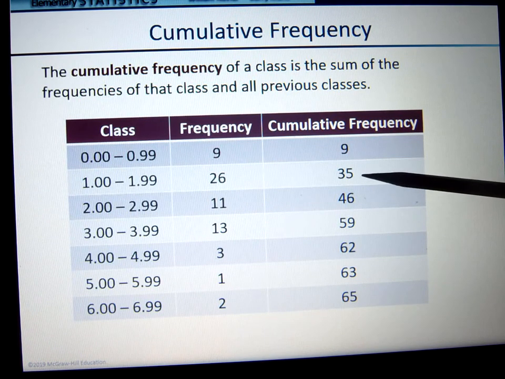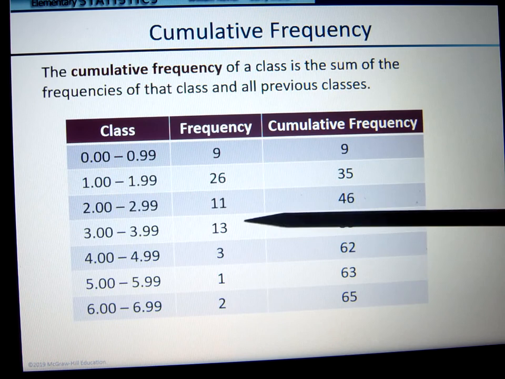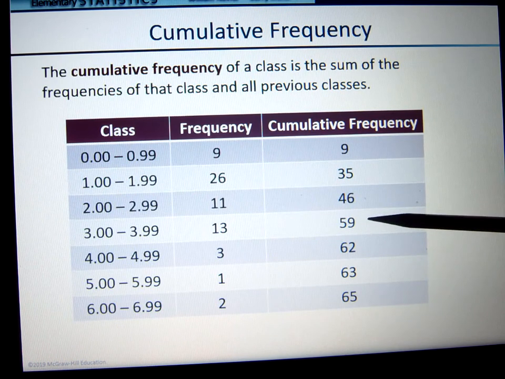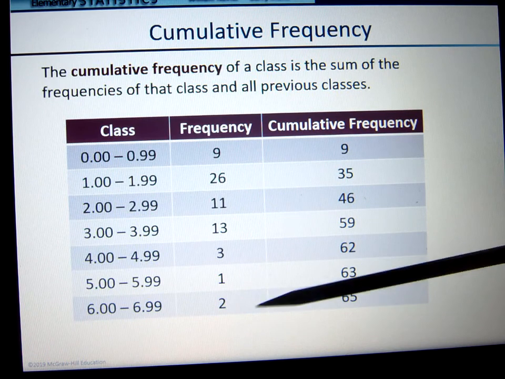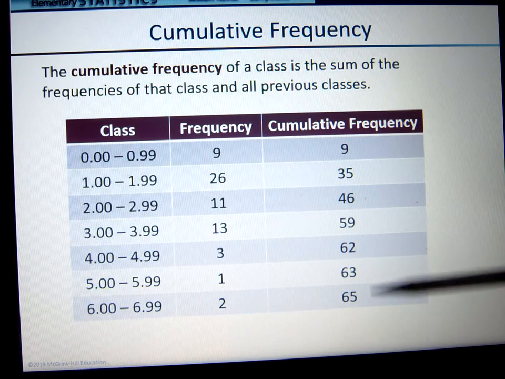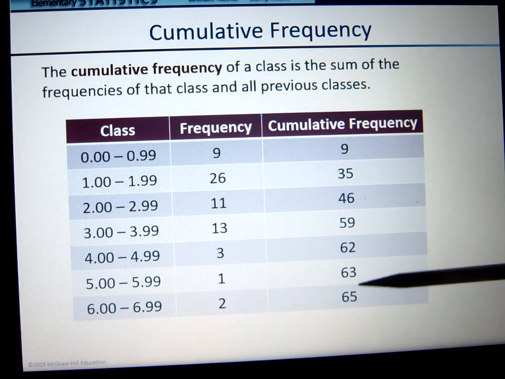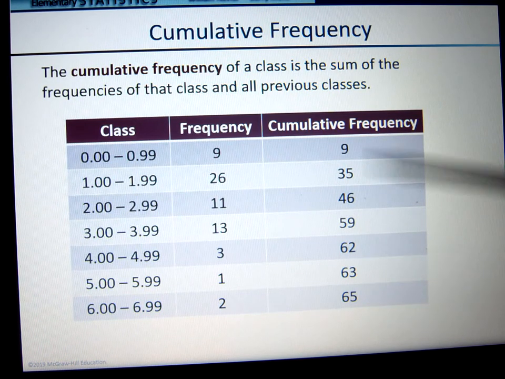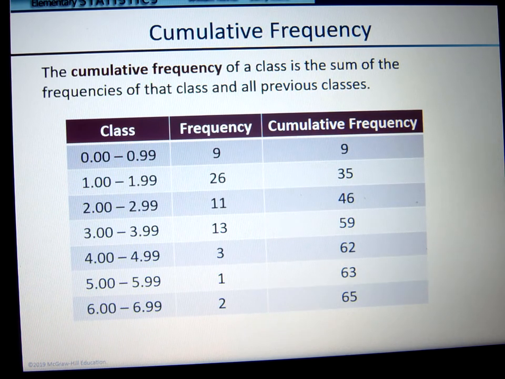The next one would be 35 plus 11 is 46. 46 plus 13 is 59. 59 plus 3 is 62. And you continue on, and that will give you your cumulative frequency. Notice that it is continuing to get larger and larger. Also notice that the bottom number is the sum of what our frequencies added up to be before.